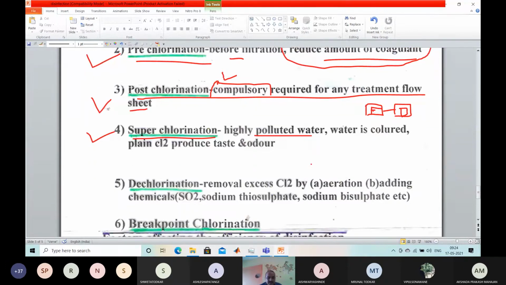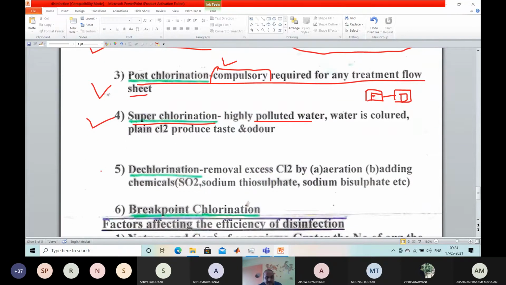The next form is dechlorination. The name suggests it: de means remove. Sometimes if the dose is excess, the chlorine needs to be removed, because if you apply more chlorine, the odor and taste of water is different, and objectionable.